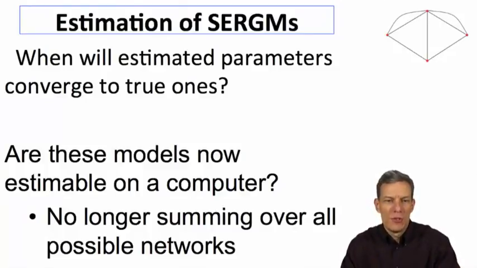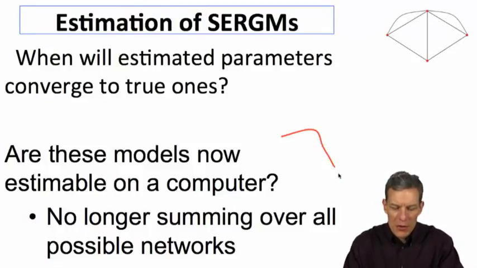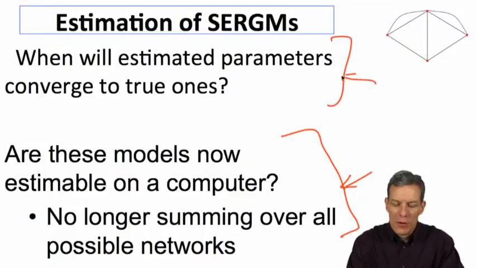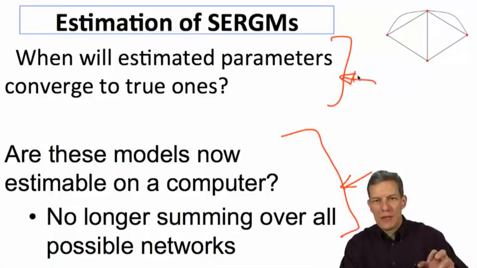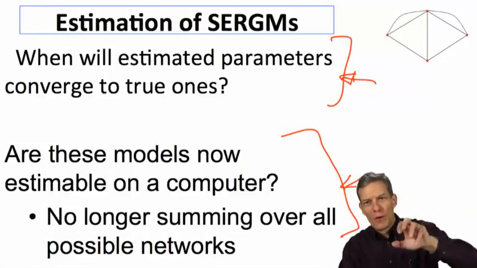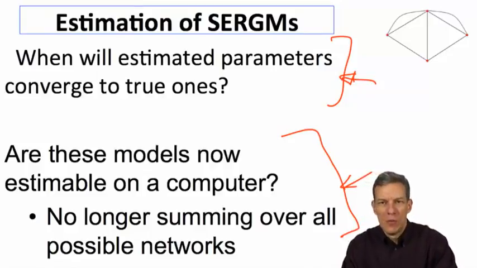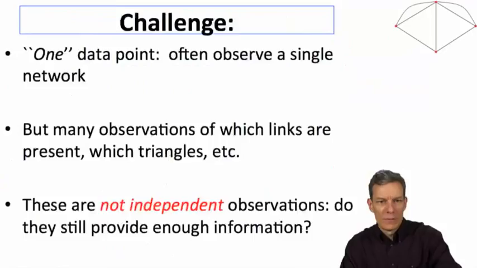So nature's generating one of these networks. Now we have to see these things. And then the second part is how do we estimate these things on a computer, right? So one is under theoretical considerations, when is it that if we can compute things, we'll get accurate estimates, and secondly is when can we actually do those computations.